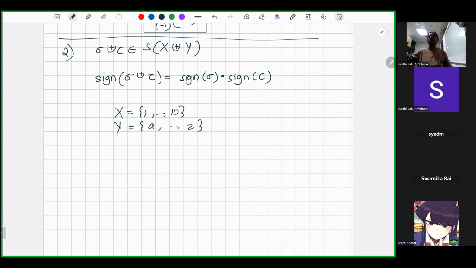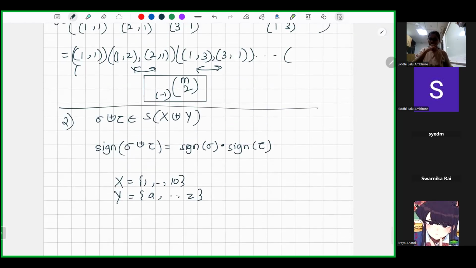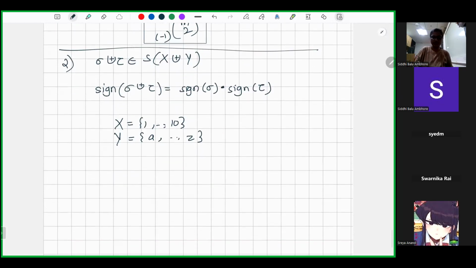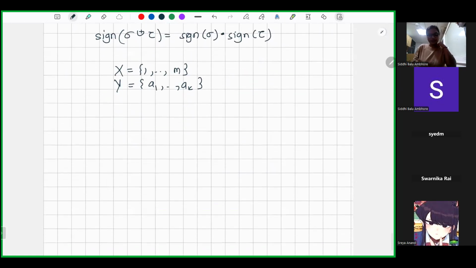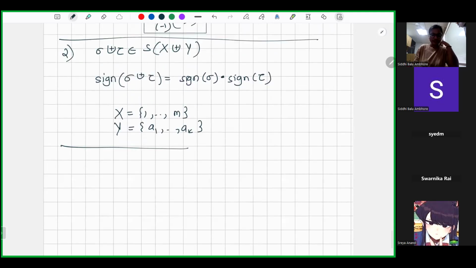They are completely disjoint, so no interaction with each other. So the number of such transpositions will basically depend on each independent set. So signature is just a product like we do for disjoint cycles, okay? Or A1 to AK. If there is any doubt, please let me know, okay? I'll try to explain as much.